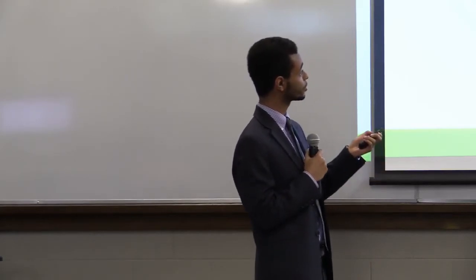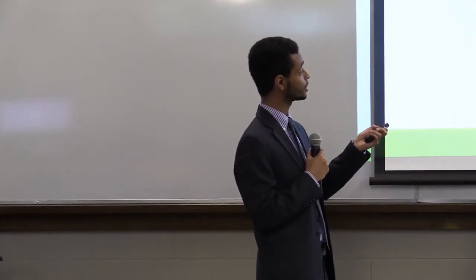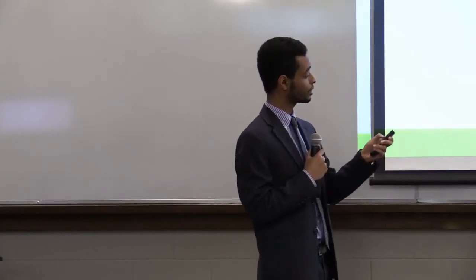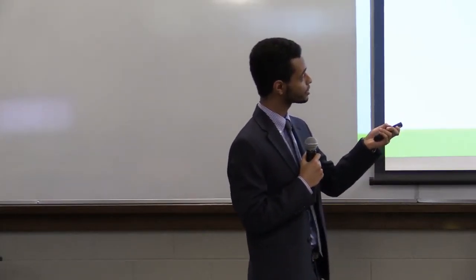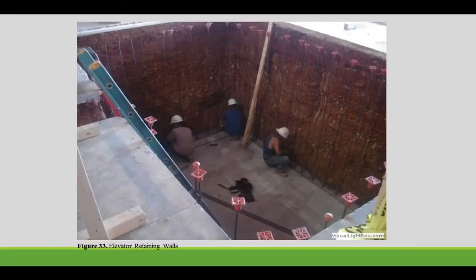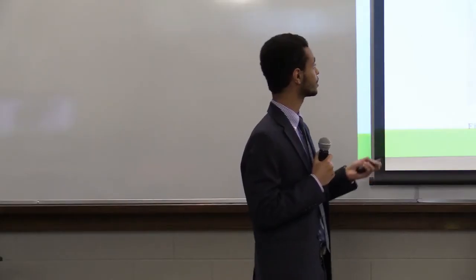We have four retaining walls to create a box-like structure, and inside this hole we will put the shaft and the components of the elevator. As you can see, this is a retaining wall. They're just putting in the reinforcements, and I think they're about to put the concrete in.